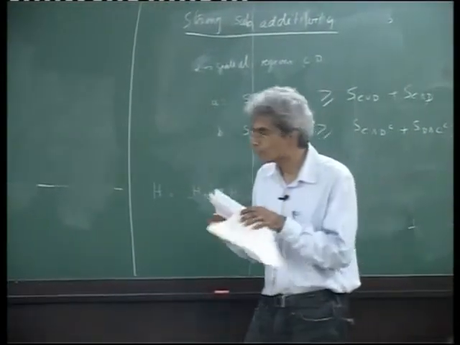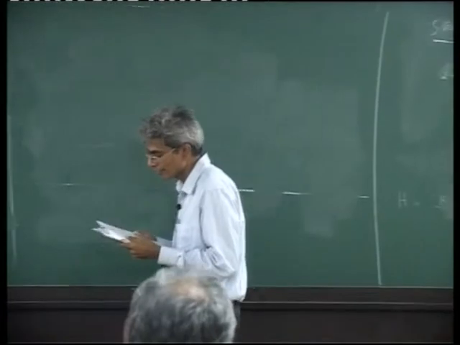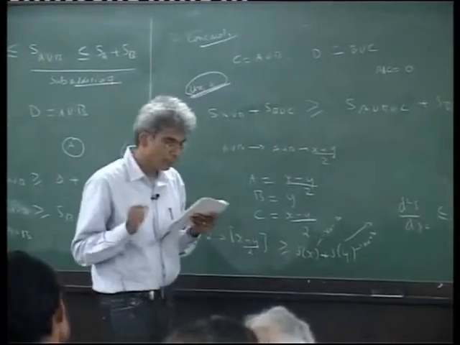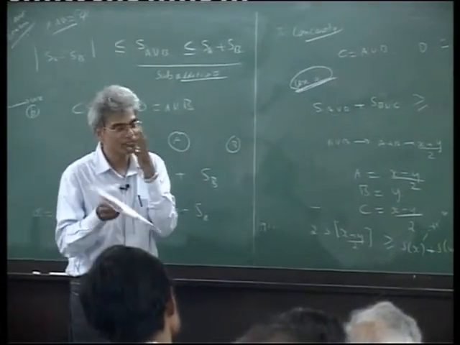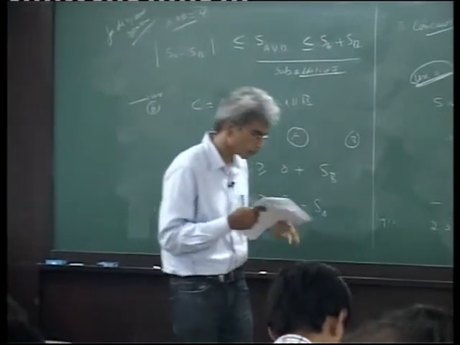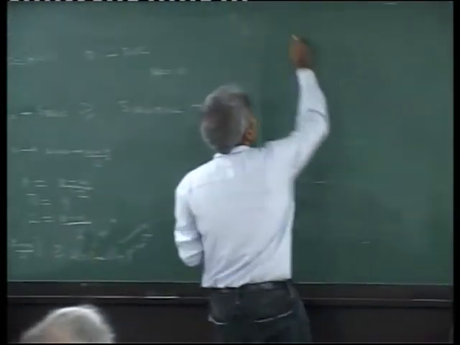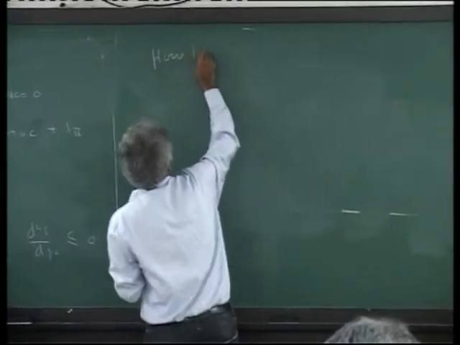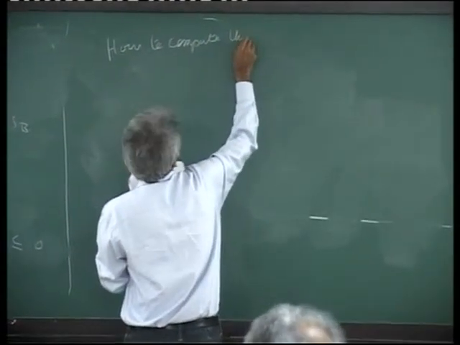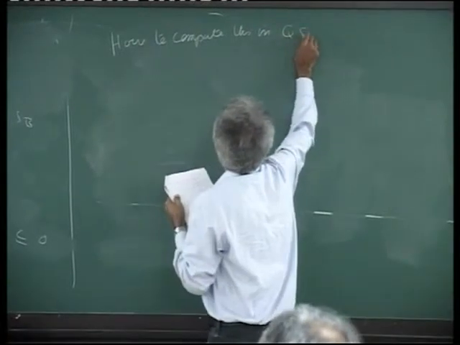So now, of course, we would want to know how to compute this in quantum field theory, and what we will do is we will just focus. Maybe Anindya will do the higher versions and so on. So I will just focus on the 1 plus 1 dimensional case. Okay. So how to compute this in quantum field theory?